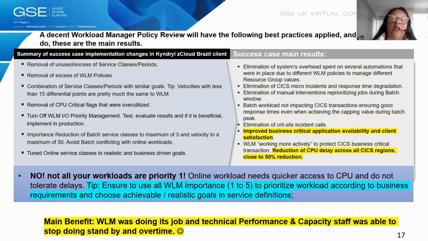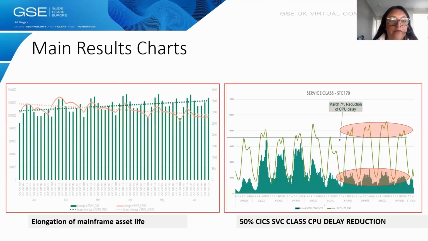We had a situation every day at 8 p.m. where the batch used to kick in and CICS transactions fell, and the dispatching priority was not high enough for CICS transactions because batch had a very high importance. So this is not good. Elimination of create seats, incident calls, etc. There are many benefits by doing a workload manager policy review.